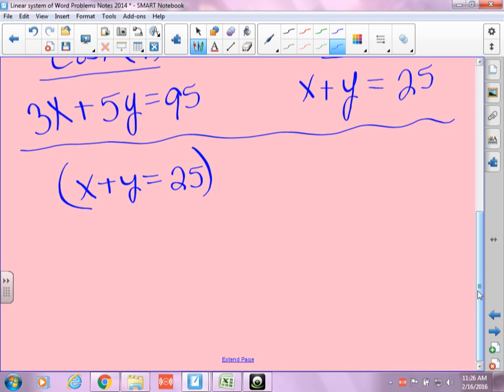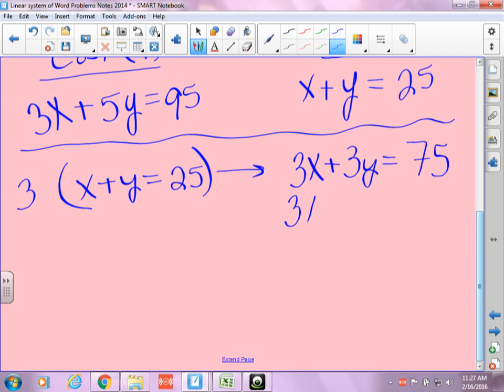Okay, I can multiply it by 3. So 3x plus 3y equals what? 75. I'm going to take my other equation and I'm going to put it down below. Now what?